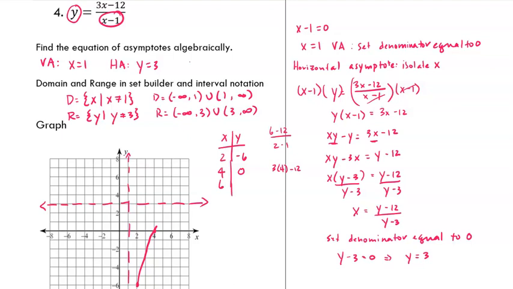I can put 6 in just to make it prettier. 3 times 6 minus 12 is 6, over 5, which is 1.2. So 6, 1.2, something like that.